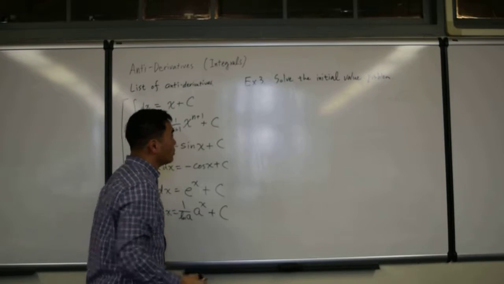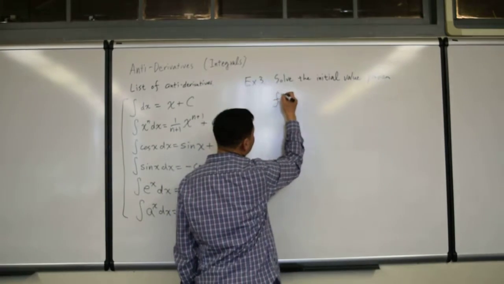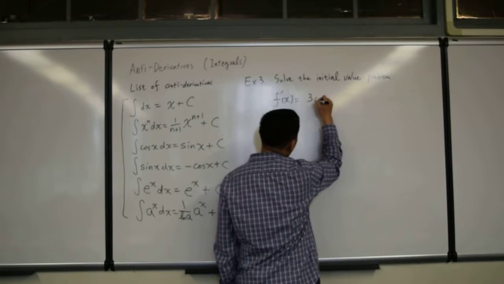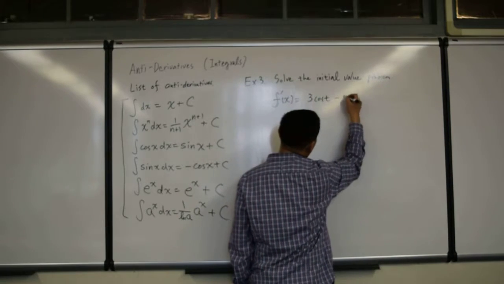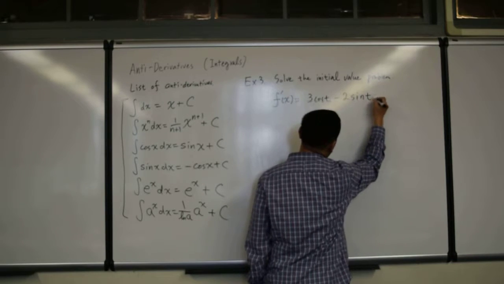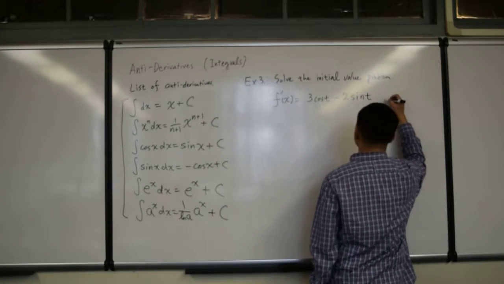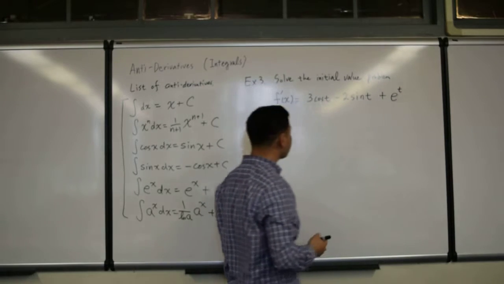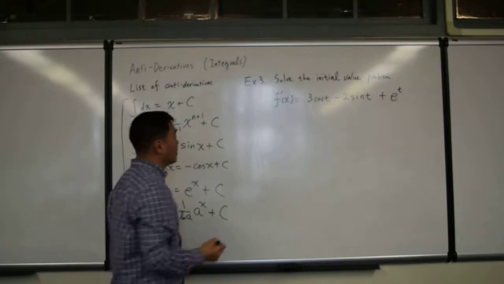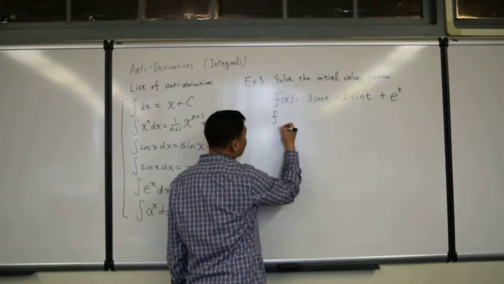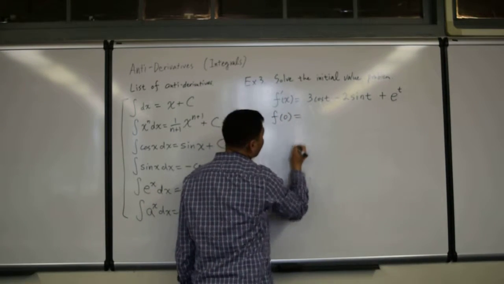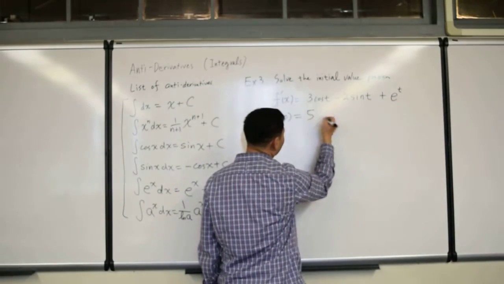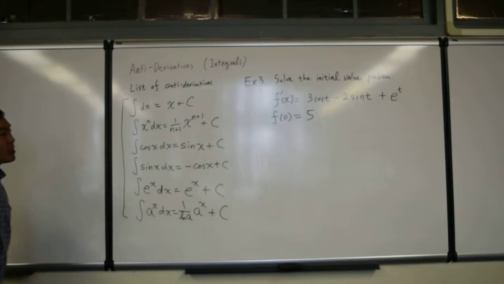So let's say you have a function whose derivative is given as 3 cosine t minus 2 sine t plus e to the t. And let's also say the initial value of the function is given as some number, let's just say 5. Let's try to solve this.